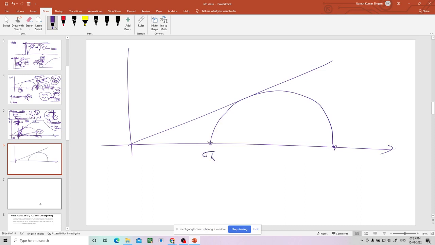This is sigma h, this is sigma v, and this is the failure point. Now this is the angle which we need to find out. In the active case, I'll denote it by the angle in the active state. We know this is the friction angle, and this is the center, let us say this is O.